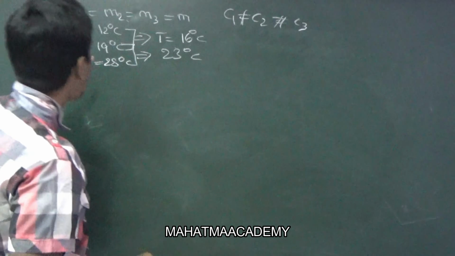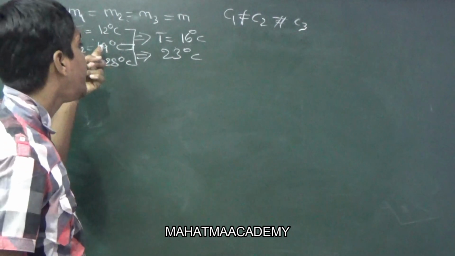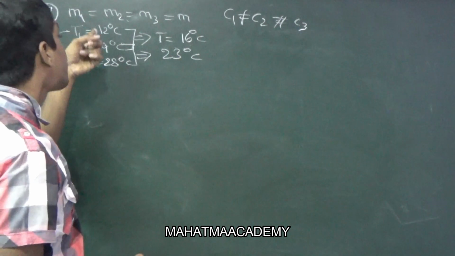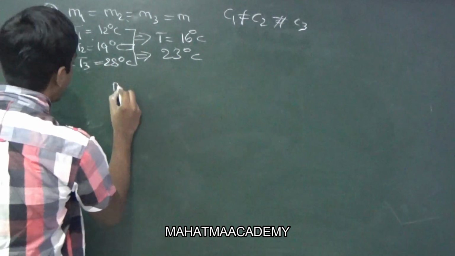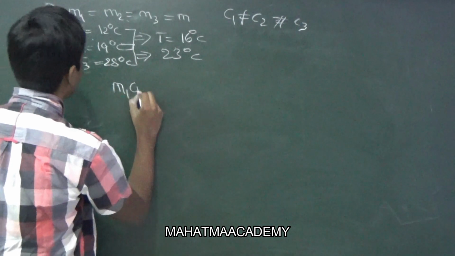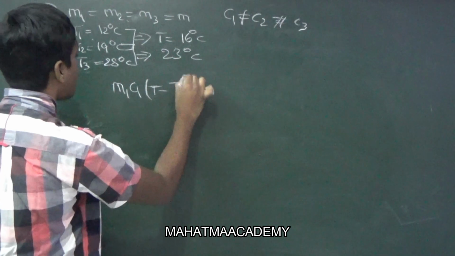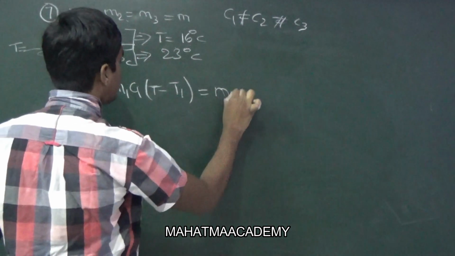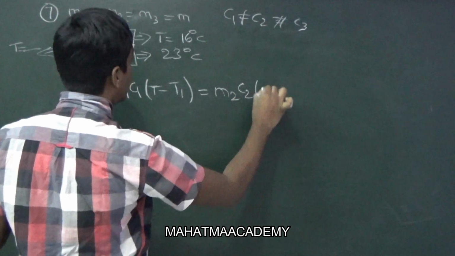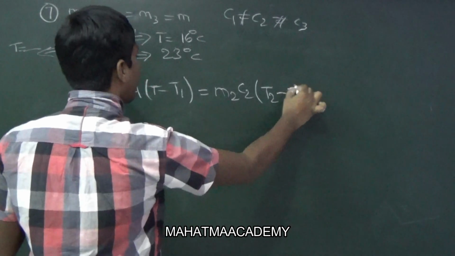Okay. Here, student, as you see, T2 is a higher temperature than T1. So we want to take M1 C1 (T minus T1) is equal to M2 C2 into (T2 minus T).